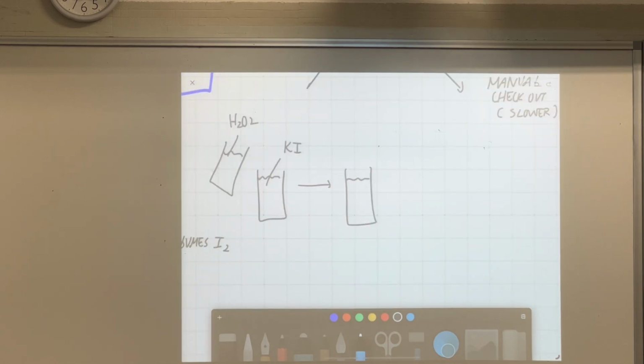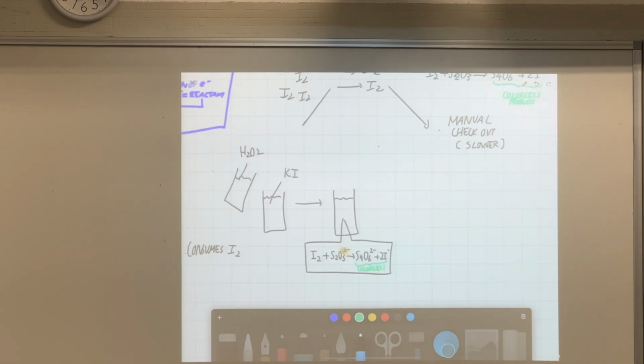But why didn't the color change to blue-black instantly? That's because inside this mixture right now, the iodine will react with thiosulfate to form S4O6 2- and 2I minus. They are both colorless.